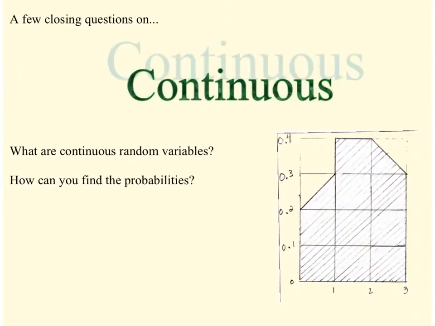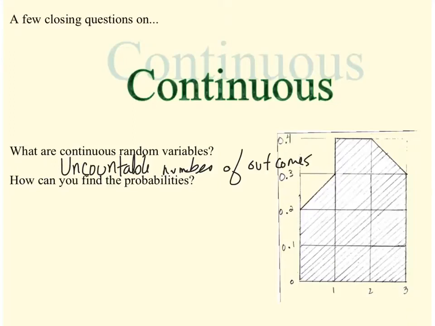So a continuous random variable, this is with an infinite number of outcomes, or we sometimes just say an uncountable number of outcomes. So how do we find the probabilities?